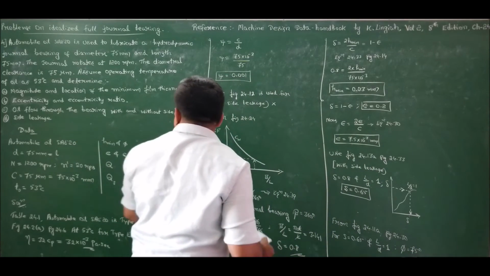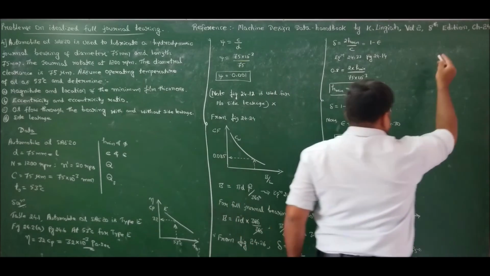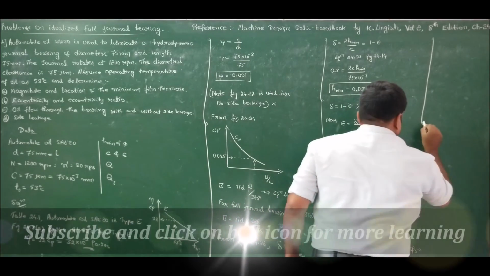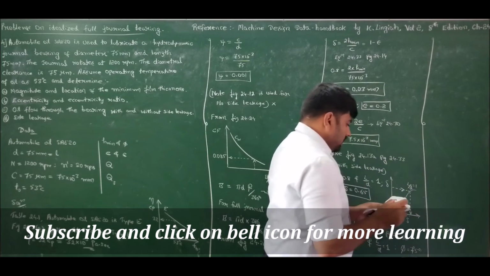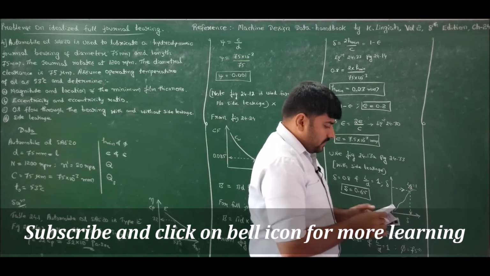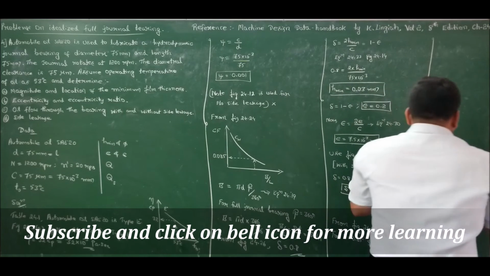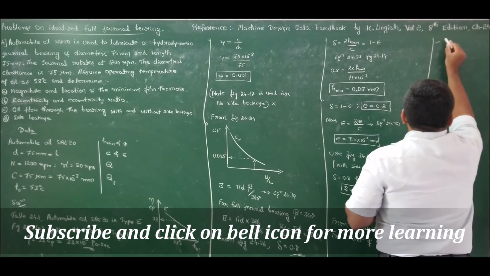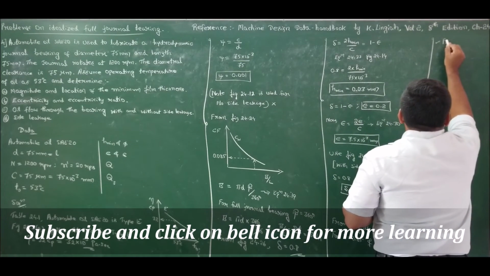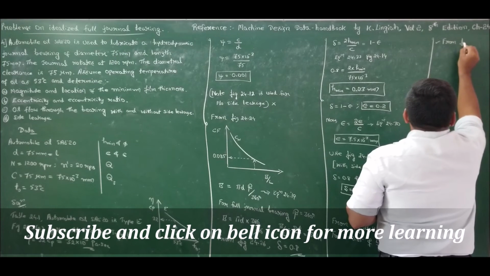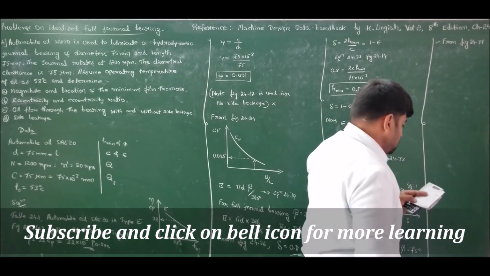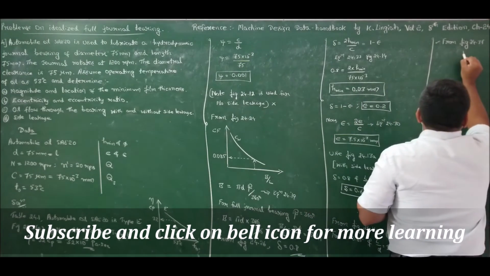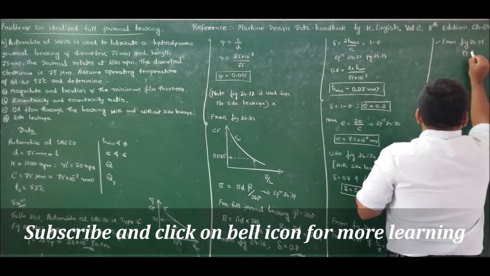Now moving ahead to find the oil flow through the bearing. To find the oil flow through the bearing, I should refer to a graph, figure 24.37 of page 24.35.